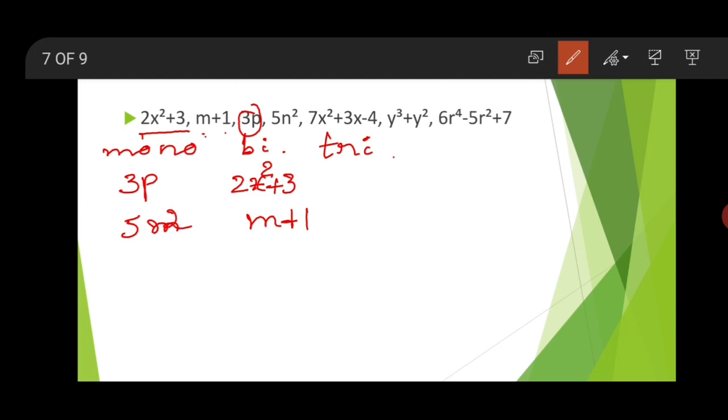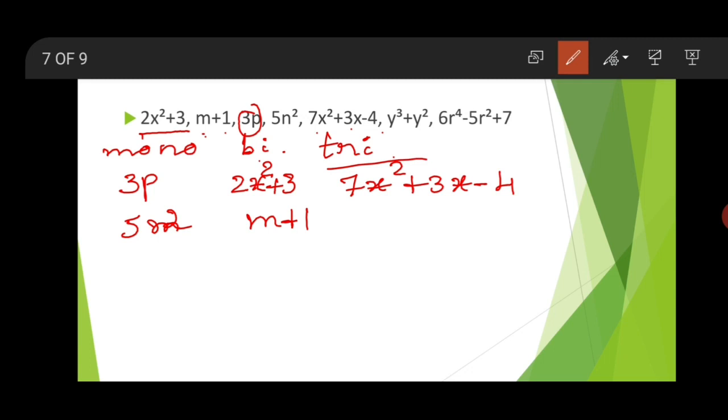Then 7x square plus 3x minus 4. How many terms here? It contains 3 terms. So, it is a trinomial. Tri means 3, bi means 2, mono means single, 1. So 7x square plus 3x minus 4 is an example for trinomial.